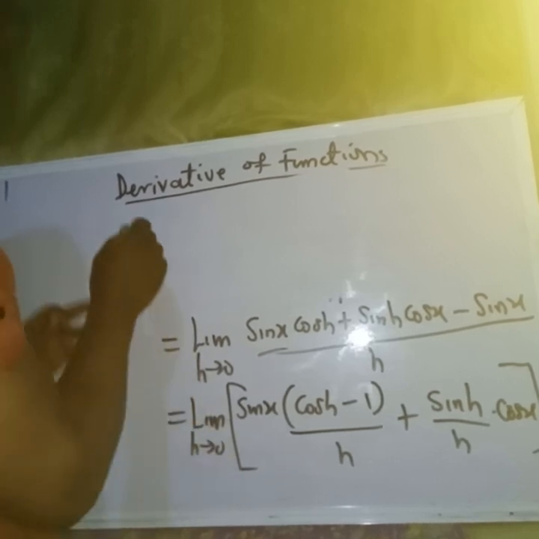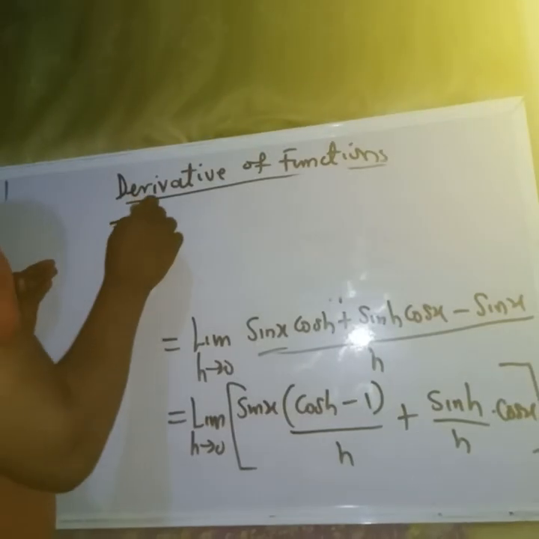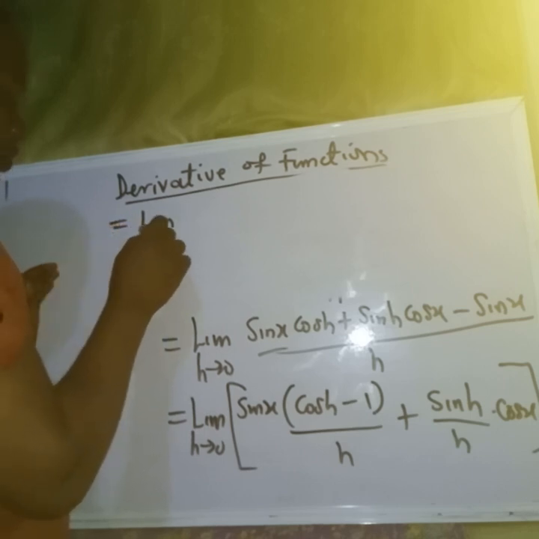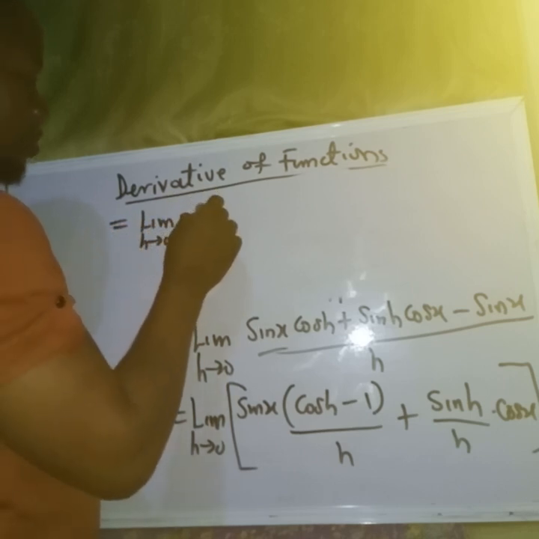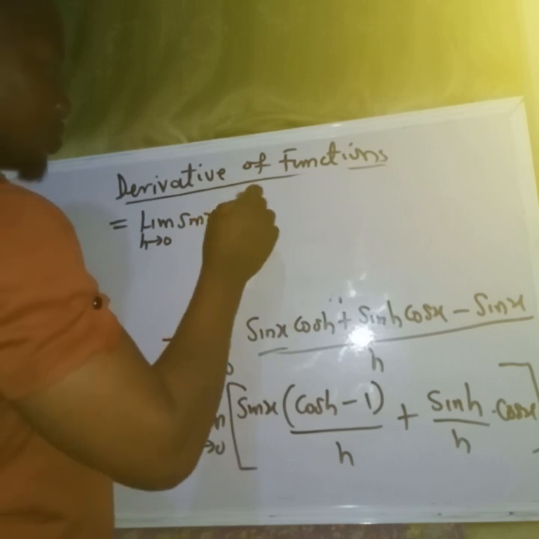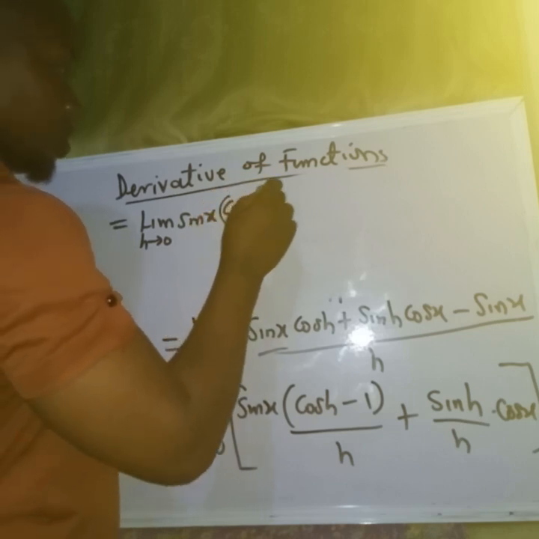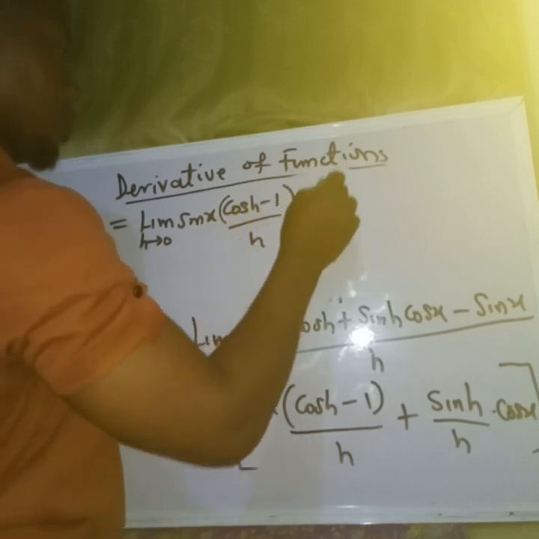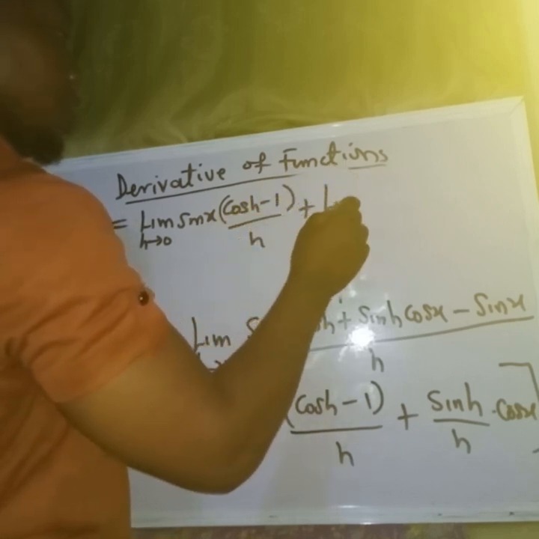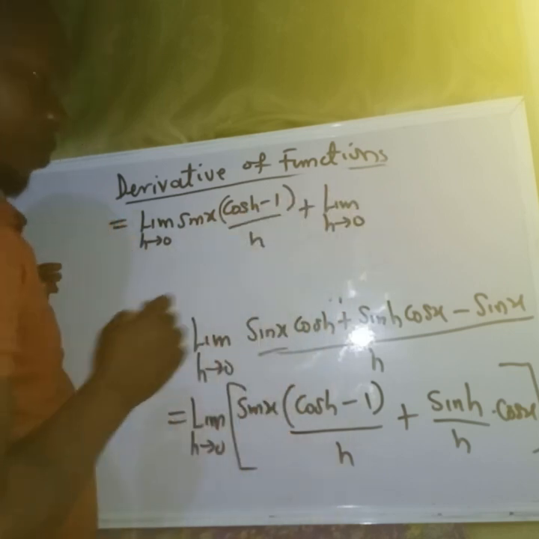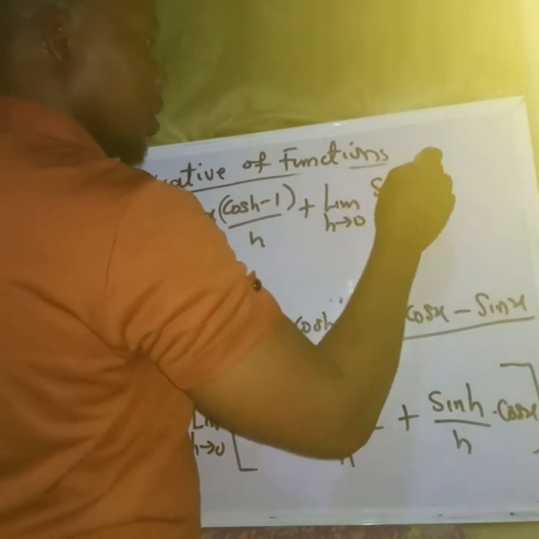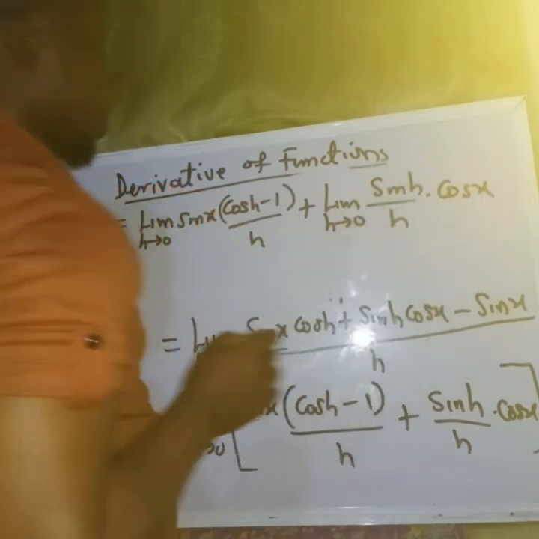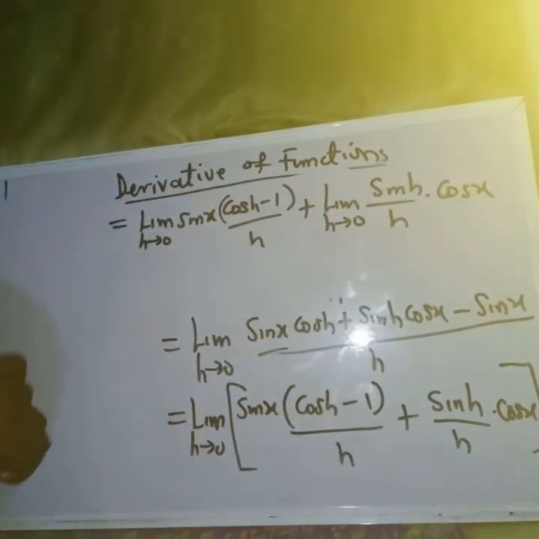So this will be equal to the limit as h tends to 0 of sine x times (cos h minus 1) over h, plus the limit as h tends to 0 of (sine h over h) cos x.